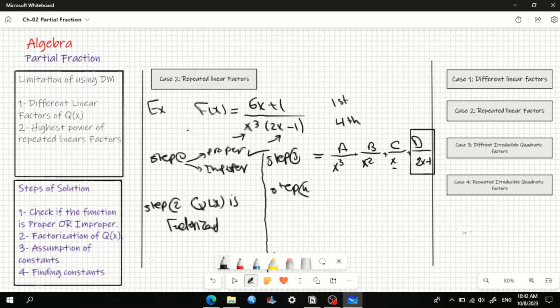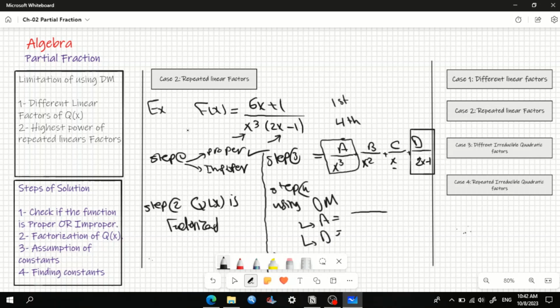And we have a repeated linear factor, so we can only find A by the direct method. So using the direct method we can find A and D.